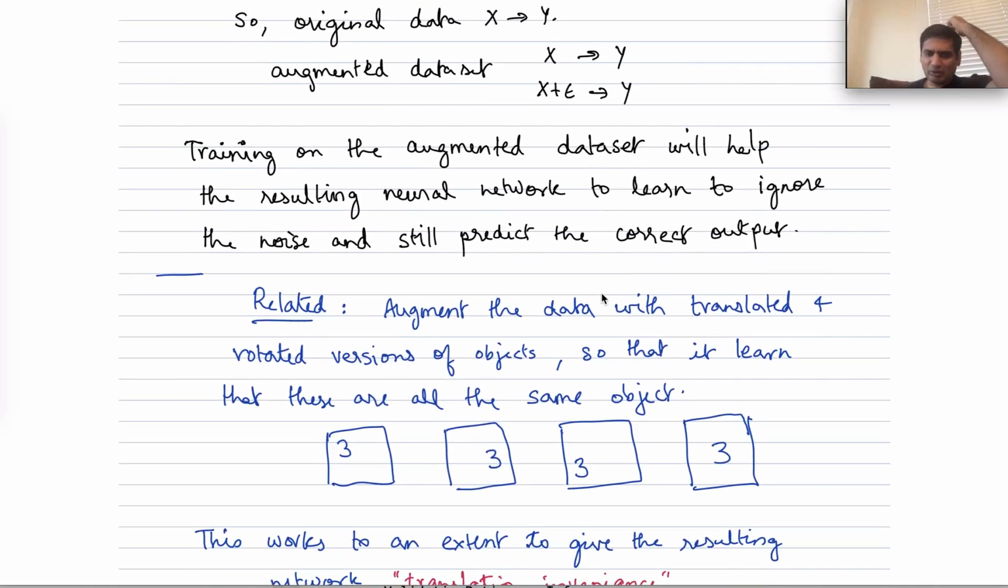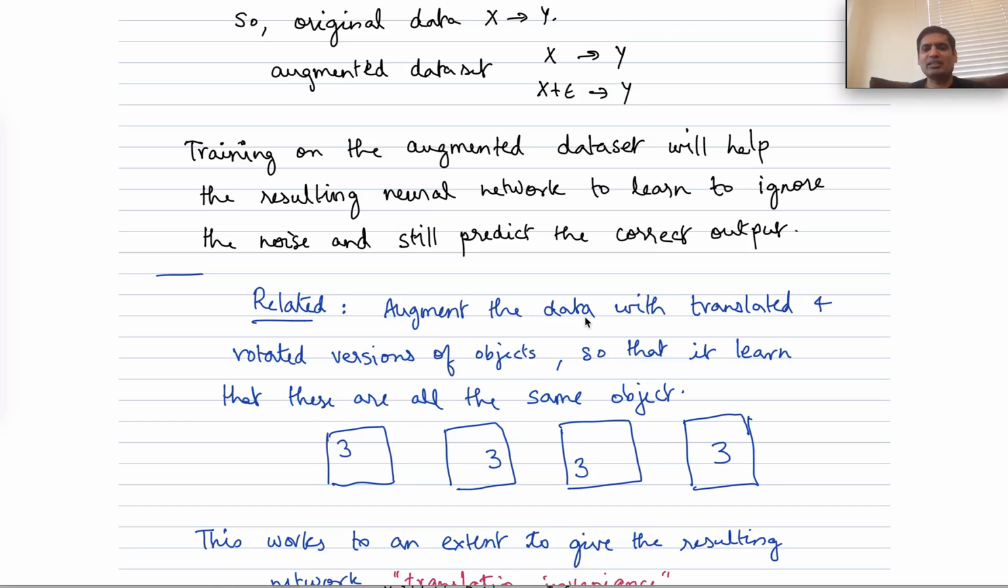On a related note, we've already discussed that MNIST, for instance, has these numbers exactly centered and roughly the same size. If you want to generalize the neural network training in a manner that the network is able to find the numbers wherever they are in an image, then you could approach that problem by using data augmentation as well.